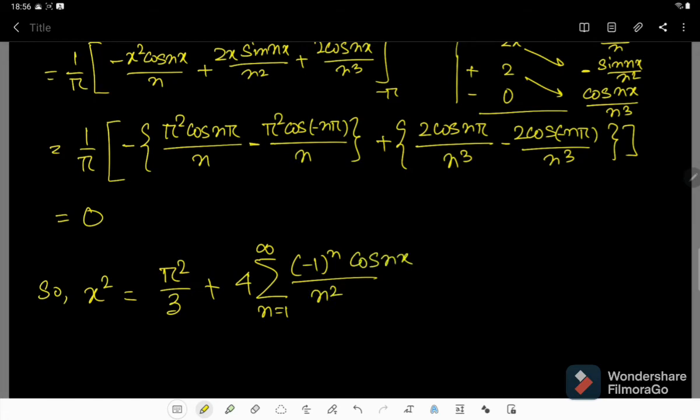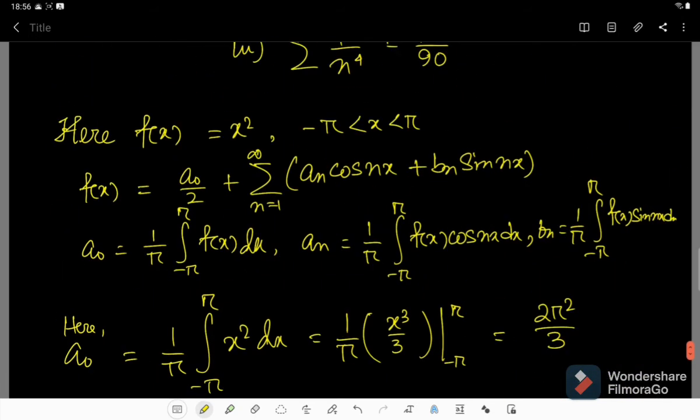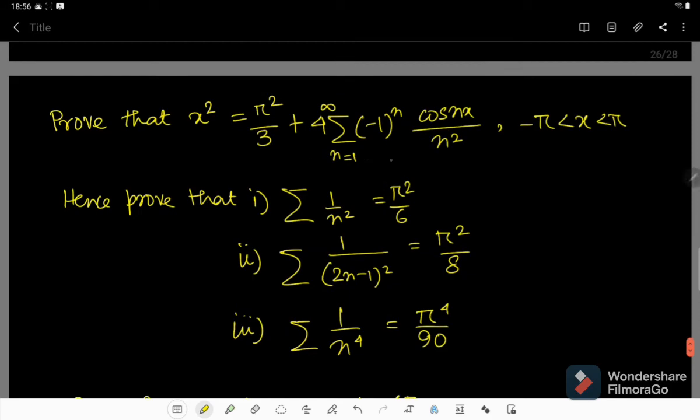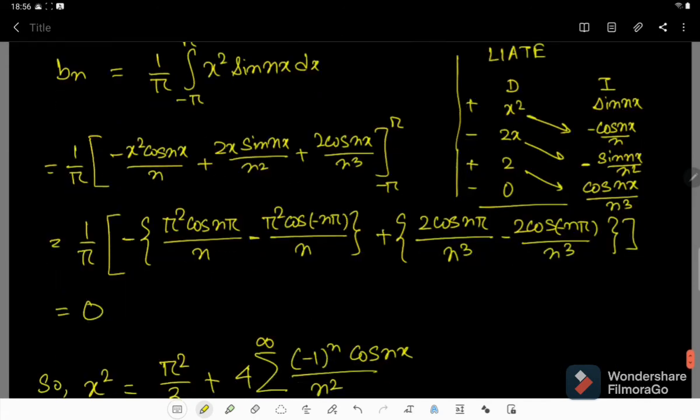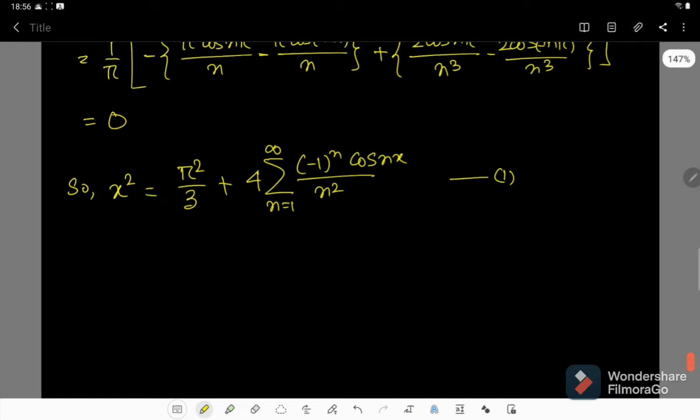So it was our first problem, you can check it. It was our first problem and we have proved it successfully. Let's give it equation number 1, and we will be using equation number 1 in deriving the other relations.